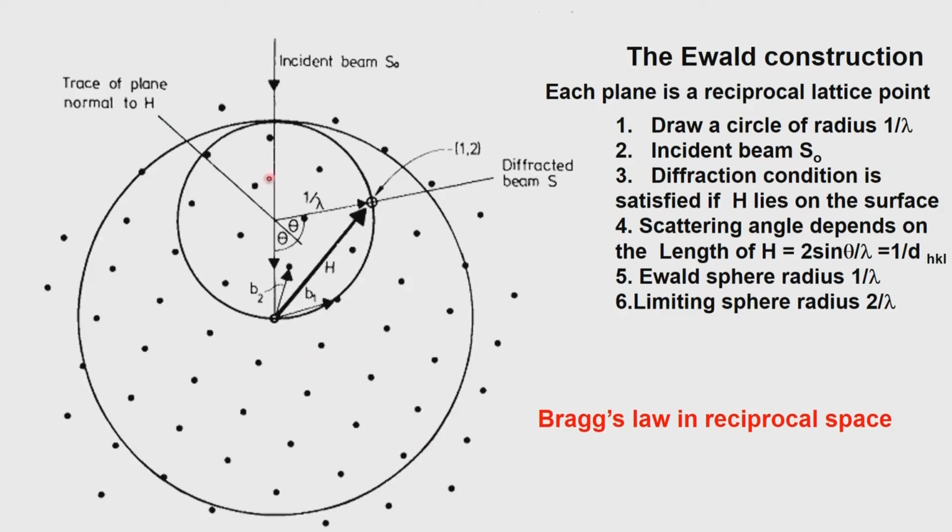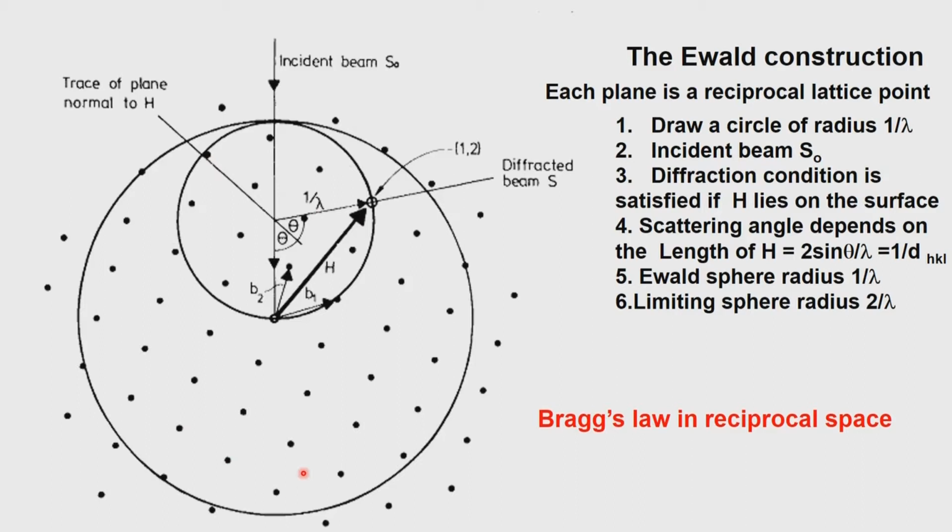As the reciprocal lattice rotates, different points in the reciprocal lattice can come and intersect with the surface of the Ewald sphere. As and when any of these points, for example, here there is a near intersection, it may slightly turn around and then the next point will be intersecting here. This will intersect and like that. So, all these points will start intersecting.